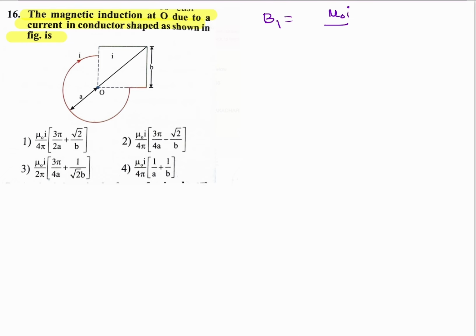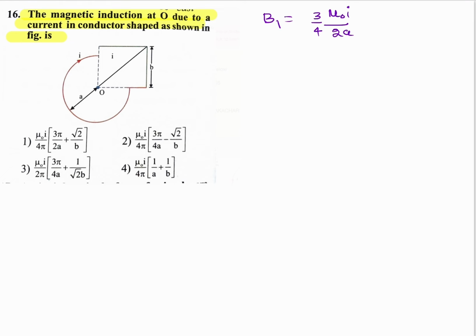The radius of this one is a, so that is mu naught I by 2a. This is the magnetic field for a total circular loop at its center. Now it is 3/4 of the circle, so we have to write 3/4 multiplied by mu naught I by 2a.